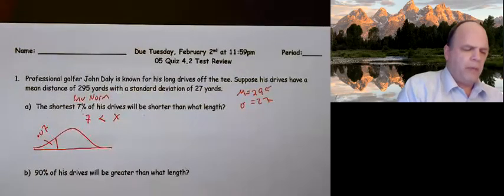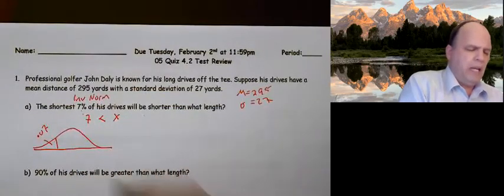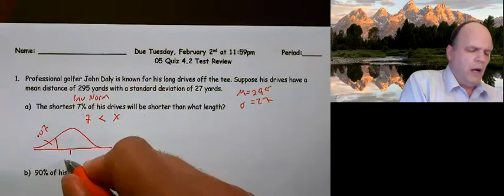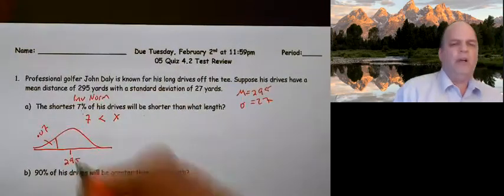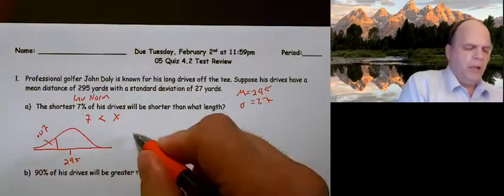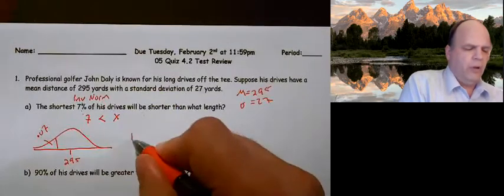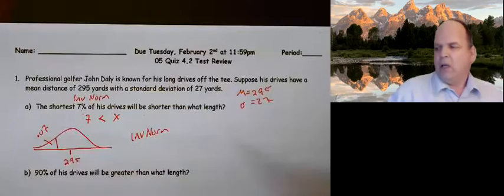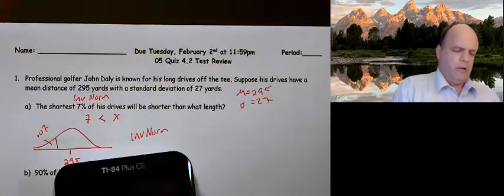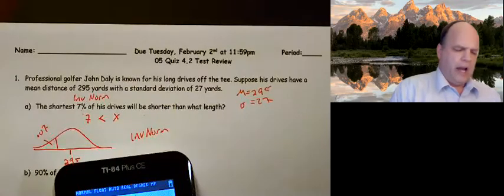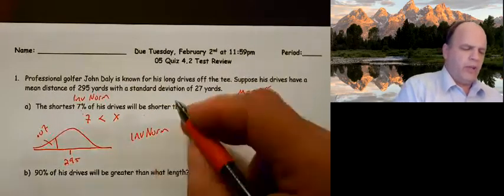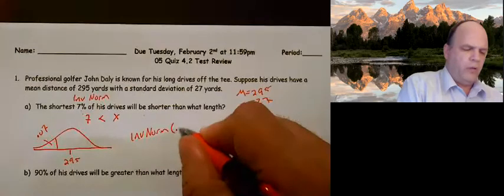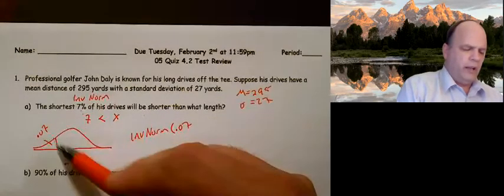That's my area. They gave you the area, and we have a mean of 295. So when I do this problem, it's going to be second vars, inverse norm, and we're going to go to the calculator. They ask for the area first, which in this case is just plain old 0.07 because we started at the left.